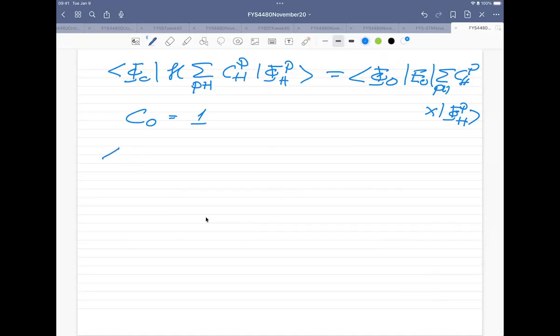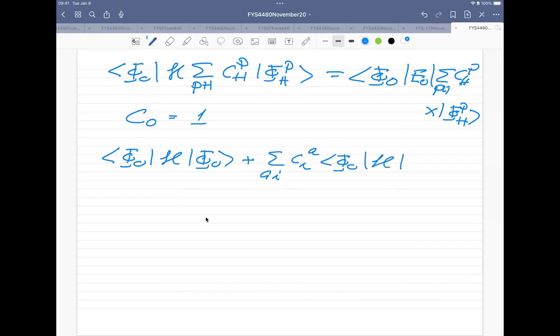Let's just write it out. I have a phi 0, and then I have my H, and then I'm going to have phi 0 plus the sum over the particle-hole states. So this is the one particle, one hole states. And this is then something which acts on this state, phi IA.